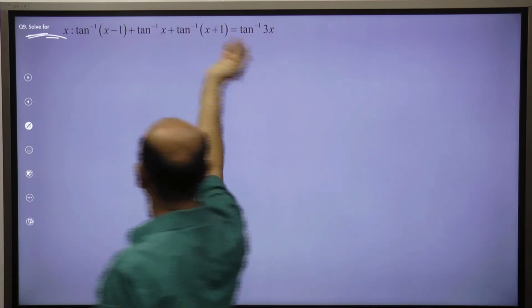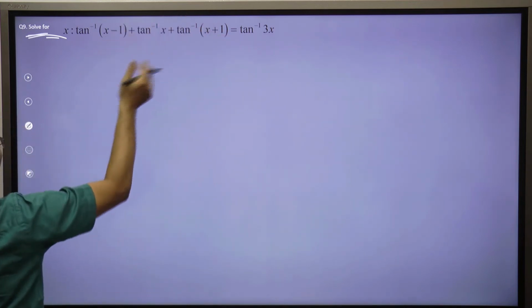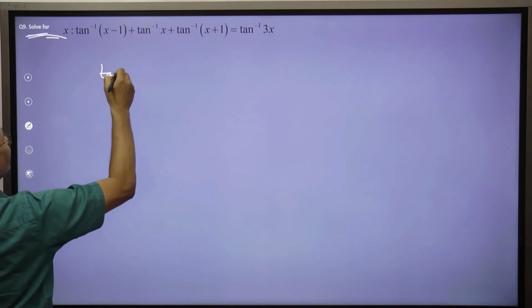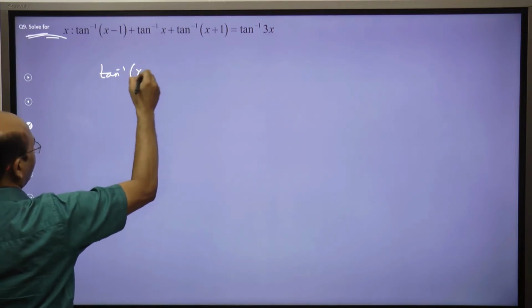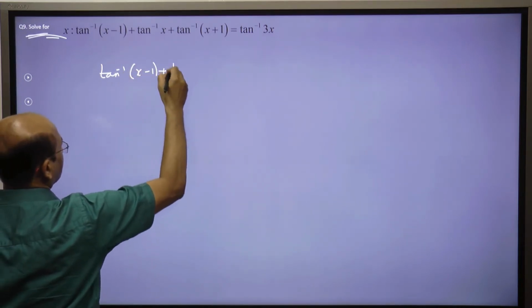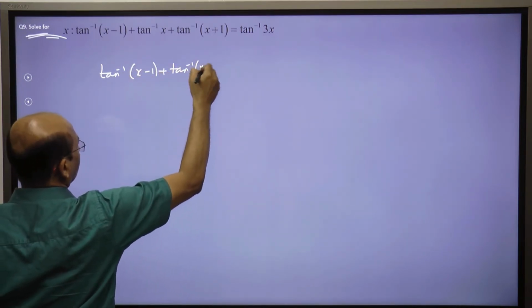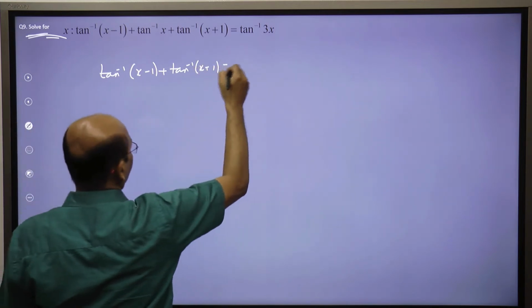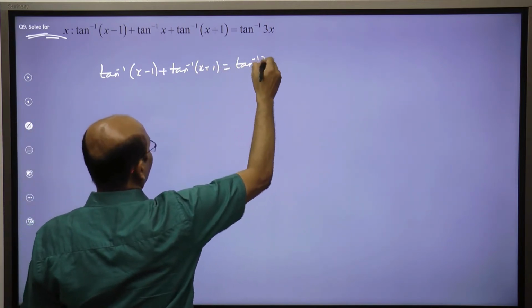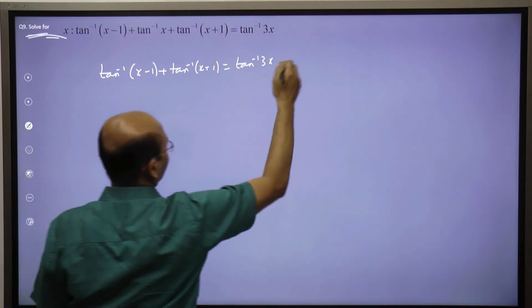So you can adjust anything. I take this side, so the best thing I can do is write this to my convenience: tan inverse x minus 1 plus tan inverse x plus 1 is equal to tan inverse 3x. I take this tan inverse x to this side.